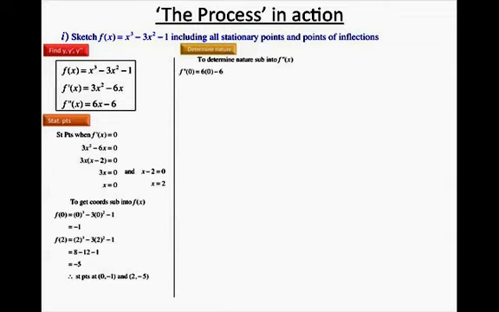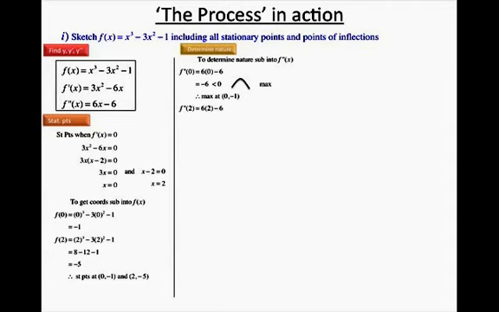f double dash of 0 is 6 into 0 minus 6, which is negative 6, which is less than 0. And if the second derivative is less than 0, it means you're unhappy, it means you're sad, which means you're a max. Look at my systematic logical flow there. Let's try the other one.